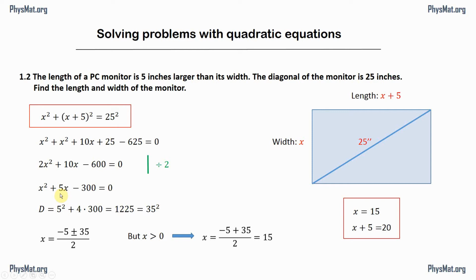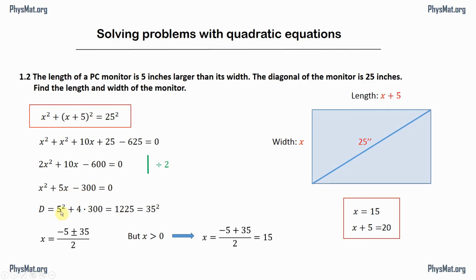As you remember, the discriminant is equal to b squared minus 4ac, where a, b, and c are the coefficients at the quadratic, linear, and free terms. So our b is equal to 5 here, our a is equal to 1, and our c is equal to minus 300.